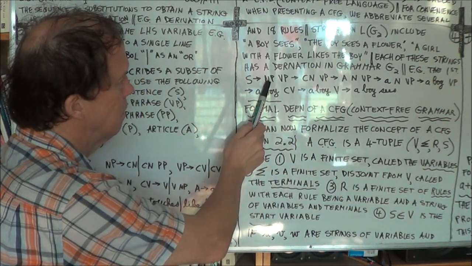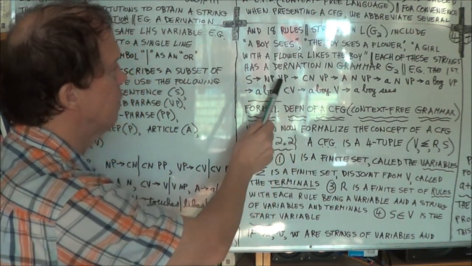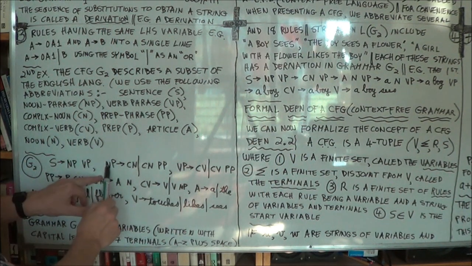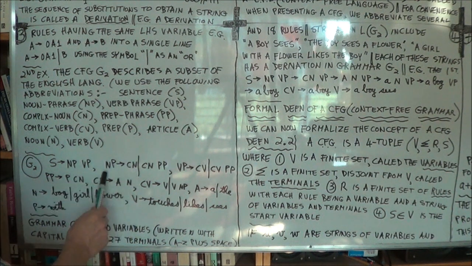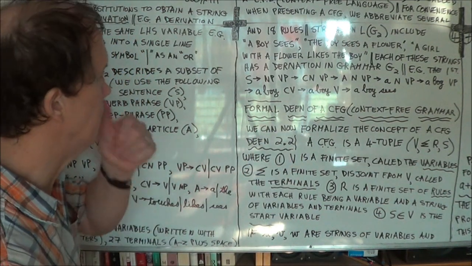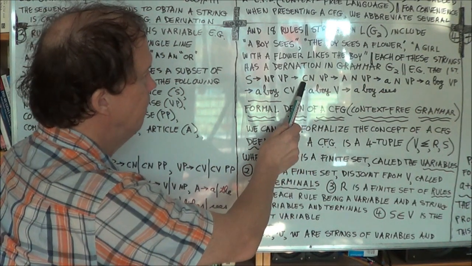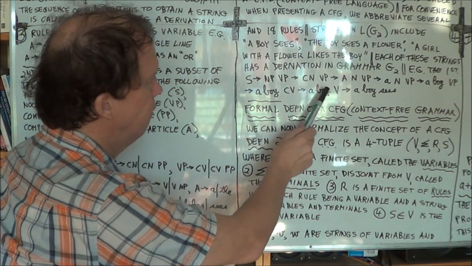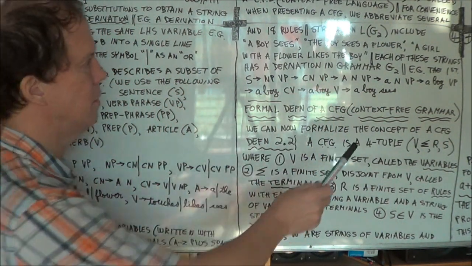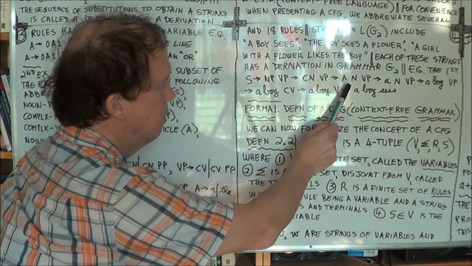But we substitute NP for CN, complex noun. There must be a rule NP arrow CN. It's this one here. So NP becomes CN. VP still stays there. But now we substitute CN for A N, not "AN" together, but A and N. So you've expanded CN into two variables.